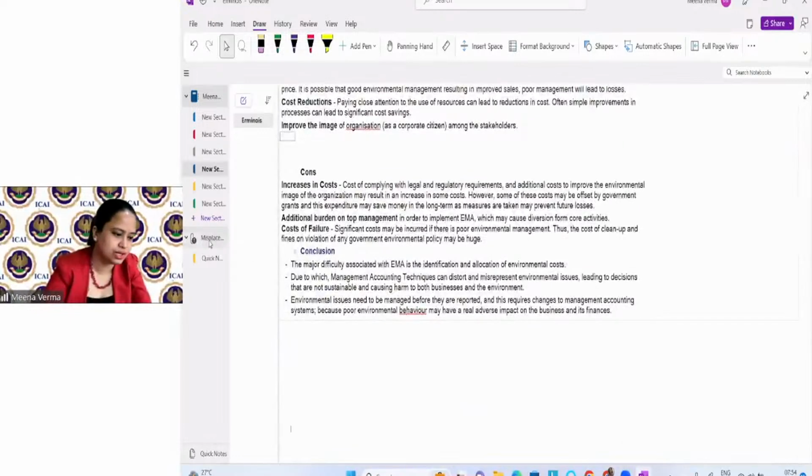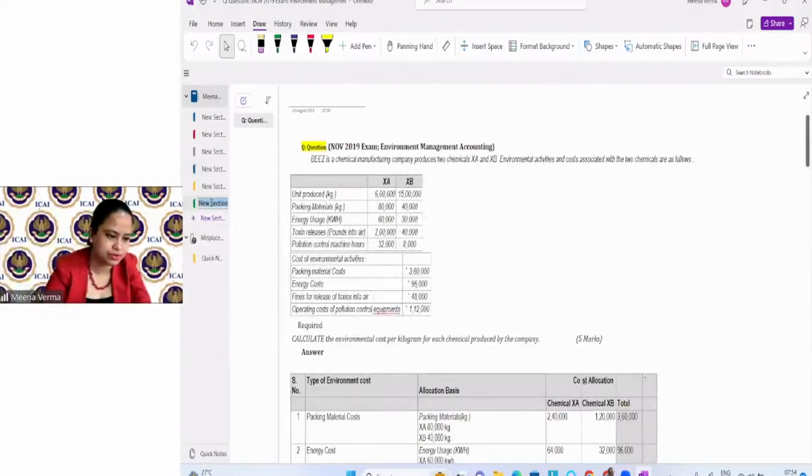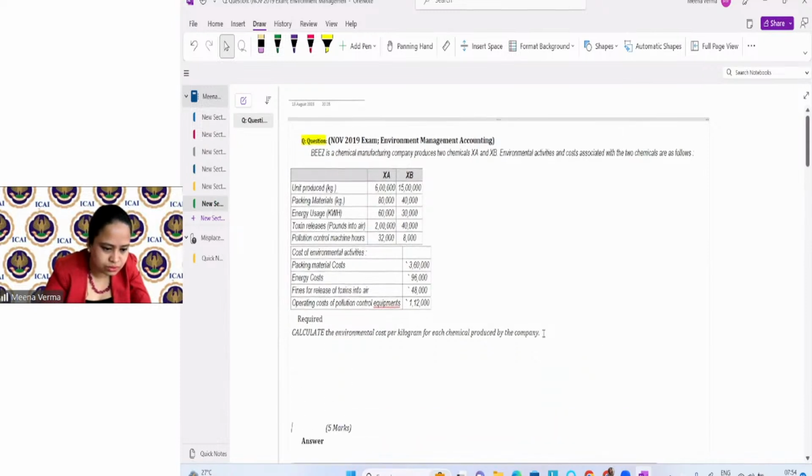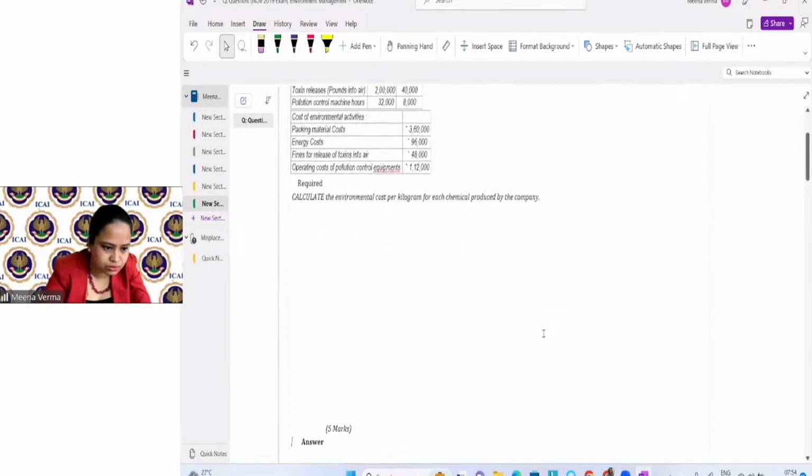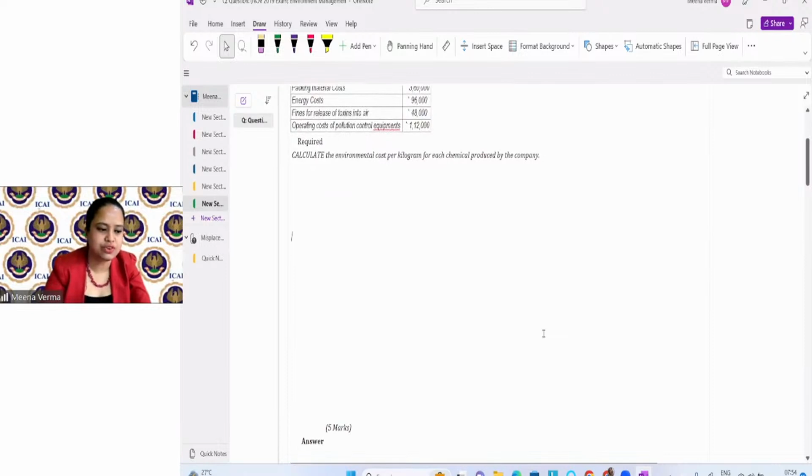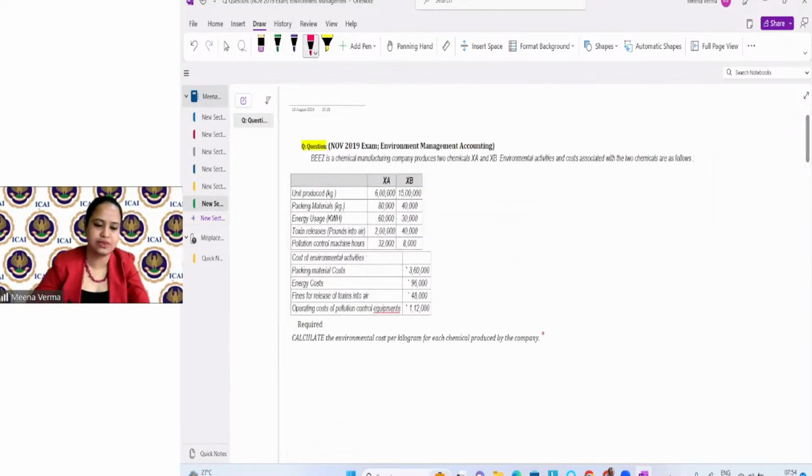Okay, let's take a question on this topic. If you see, this question is based on activity-based costing, meaning finding the environmental cost and allocating it to the products you are producing using activity-based costing.